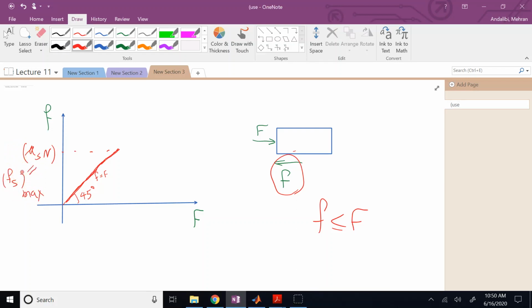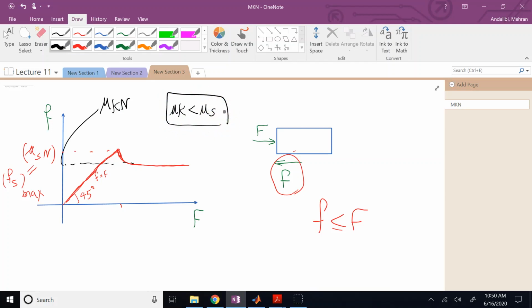And when the motion starts, it drops now to another level, which is smaller than the max. And this new level, now that the motion started, is what? Mu k times n. That's because typically mu k is less than mu s.